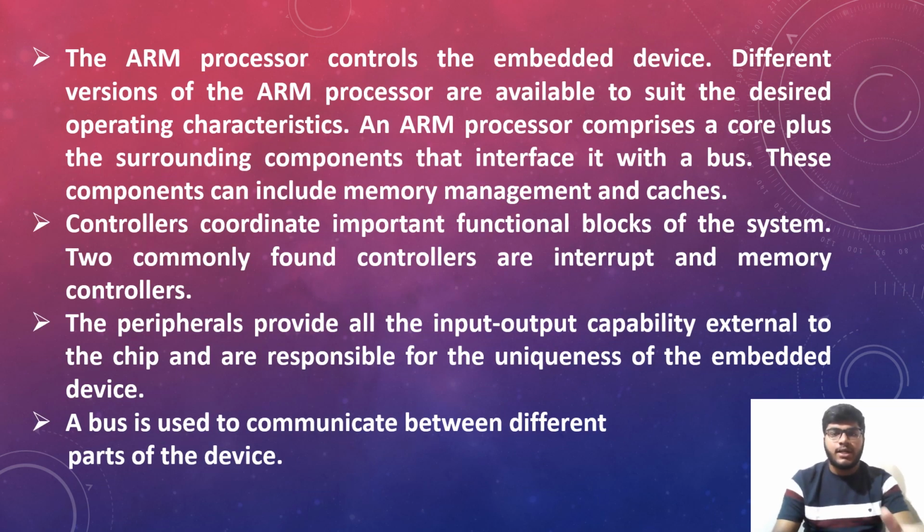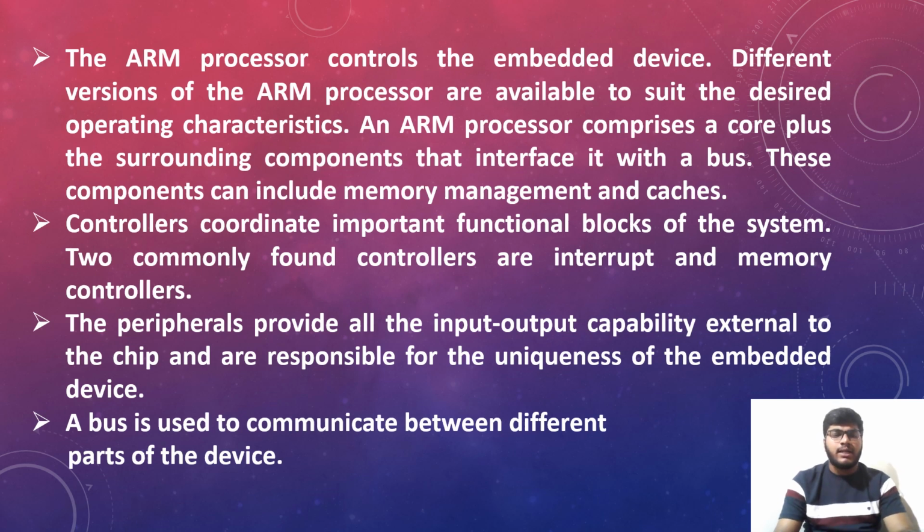The ARM processor controls the embedded device. Different versions of the ARM processor are available to suit the described operating characteristics. An ARM processor comprises a core plus the surrounding components that interface it with a bus. These components can include memory management and caches. And the next one is controllers. Controllers coordinate important functional blocks of the system. Two commonly found controllers are the interrupt and memory controller.